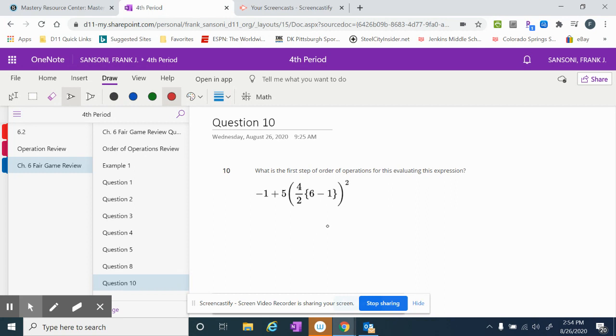So the first thing I would have to do in this problem is figure out what 6 minus 1 is. And 6 minus 1 is 5. So the first thing I would do would be 6 minus 1, because that is in the inside set of parentheses. Even though you have two sets, you always want to do the inside set before the outside set as you follow your order of operations.